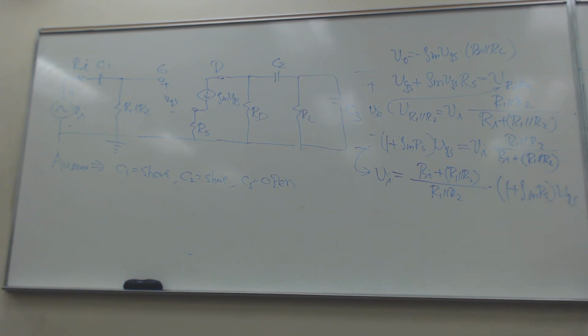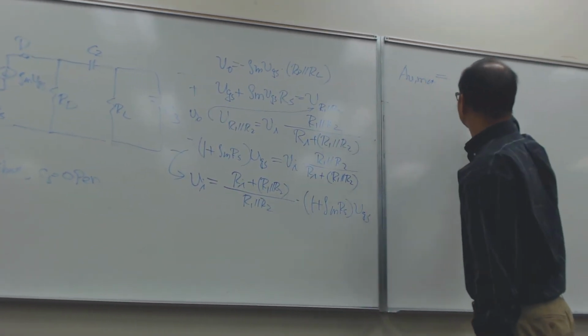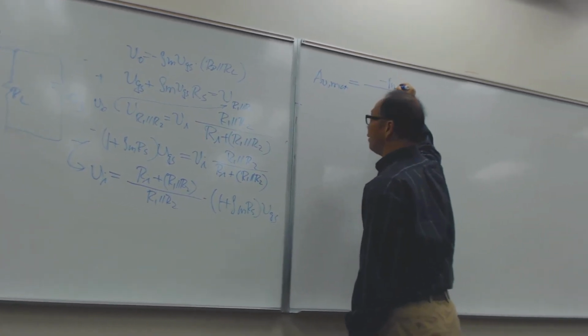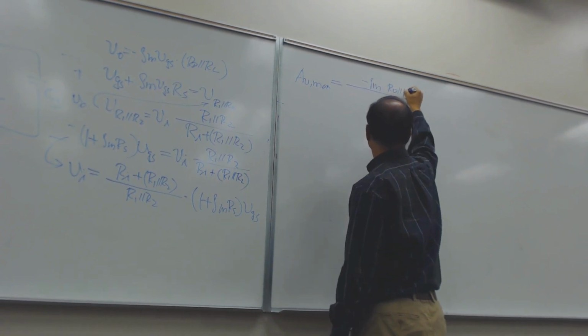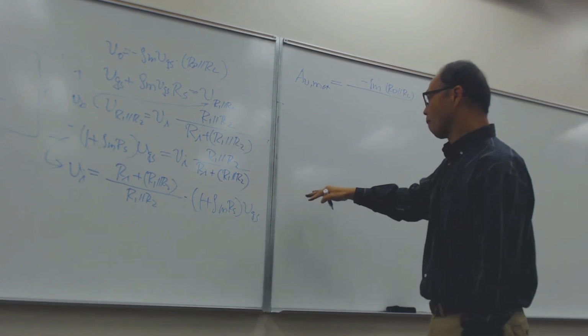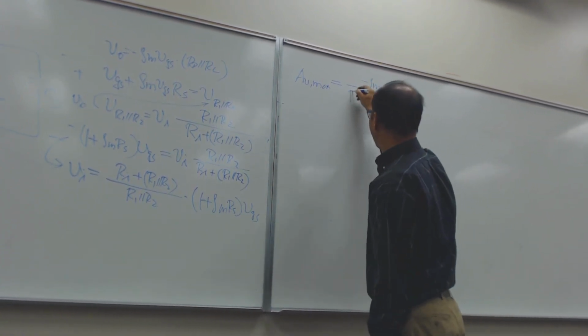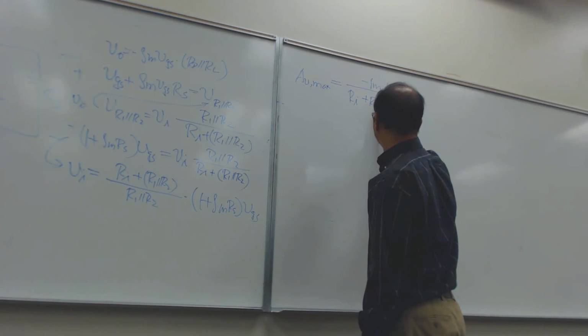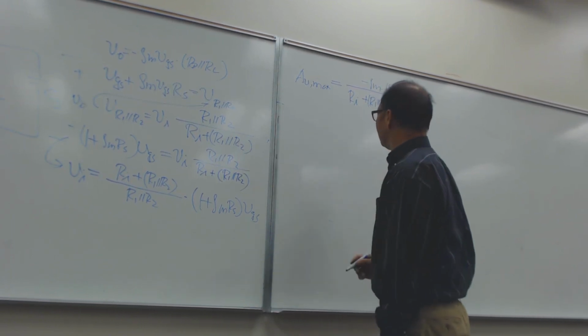So that will allow me to take the ratio because it's a function of VGS, right? So therefore A sub V max now is equal to what? Is equal to this on top, right? So minus GM RD in parallel with R sub L, correct? This is on the bottom. So R sub I plus R1 in parallel with R2. Yes?